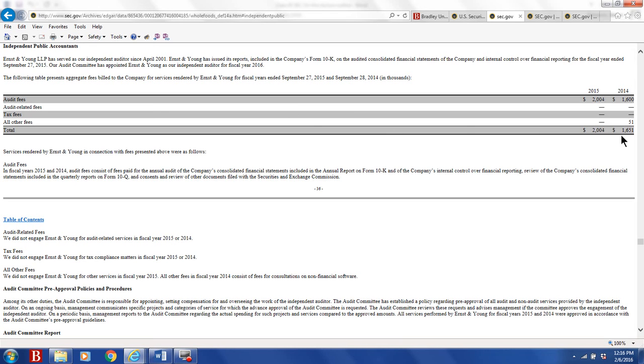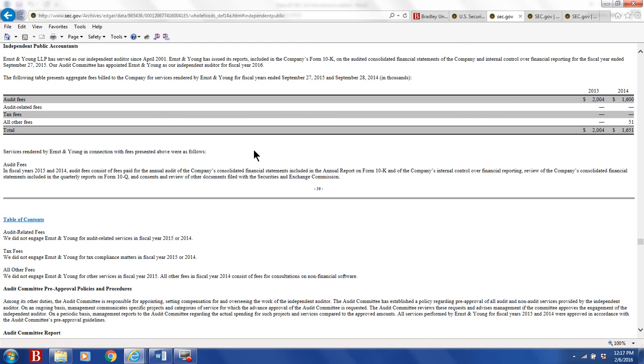We see over here that Ernst & Young in the prior year was paid a little bit over $2 million for audit fees. That's a lot of money, but Whole Foods is a very big company, and so in order to gather information and test transactions and look at controls, it's a pretty complicated process, and so that's why we see such a high price.